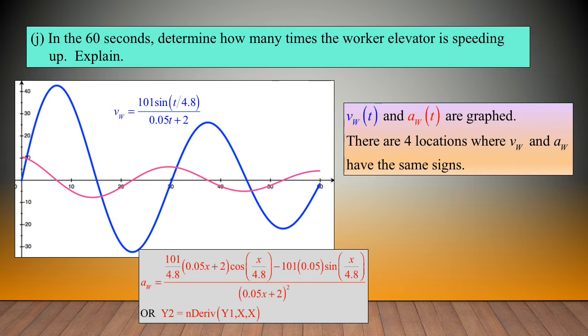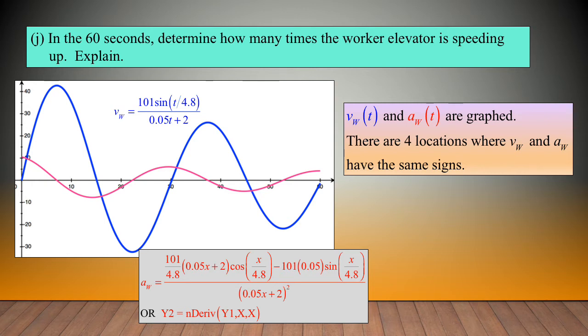And when we use the quotient rule, we square the bottom, and the numerator will be the bottom times the derivative of the top, which is (0.05x plus 2) times 101 cosine of (x divided by 4.8), and we must divide that by 4.8.